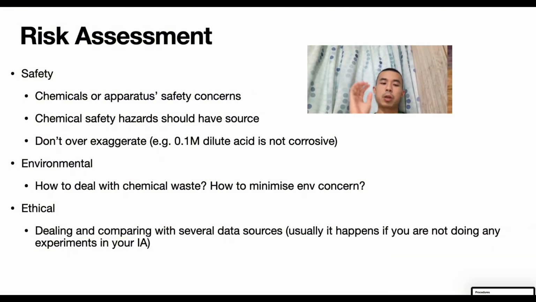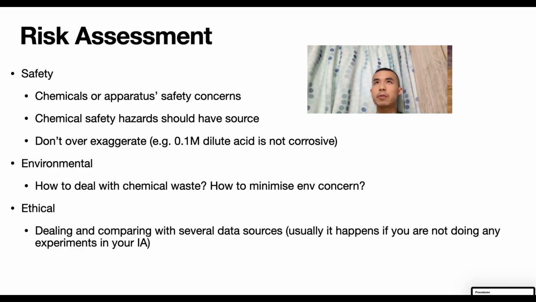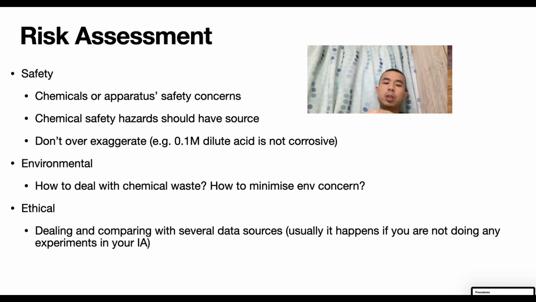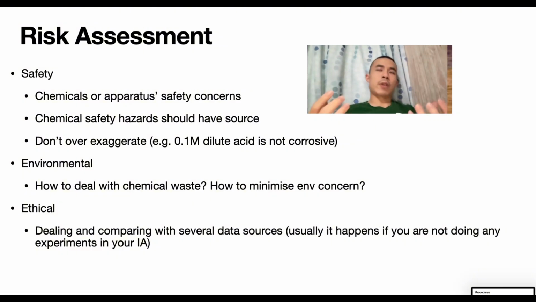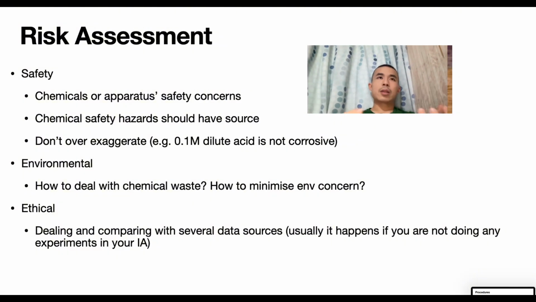And when it comes to ethical, this one for chemistry is a little bit rare, because we don't deal with animals. So in this case it's rare, but at the same time, it's not only because you deal with animals that you need to deal with ethical concerns. Usually, this happens when, let's say, you are doing an IA where you don't collect data from a primary source. That means you're not doing an experiment.